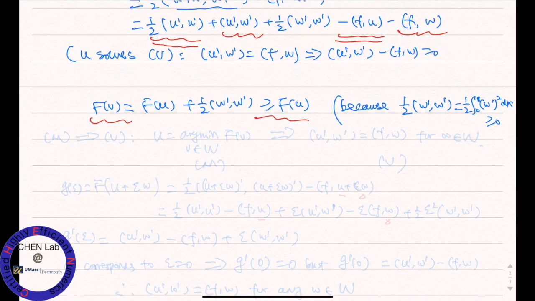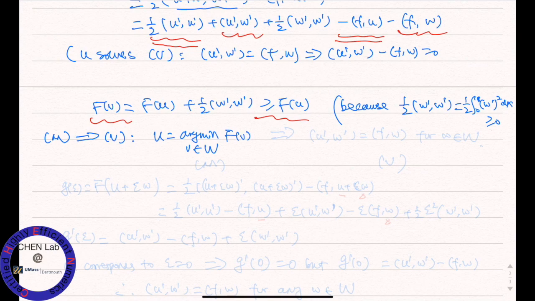All right. Next, we prove that problem M leads to problem V. So for that we have that u solves the minimization problem. That is, u is the argmin over any v in the space capital W of f(v).